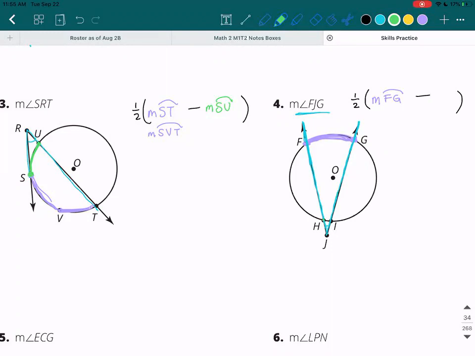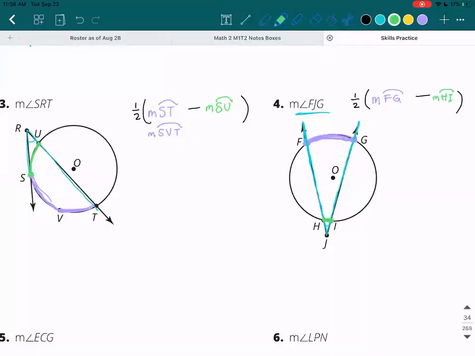This one's harder, huh? Okay. HI, over here on the bottom. Measure of arc HI. Okay, so I'll give you guys some time to write or ask questions.